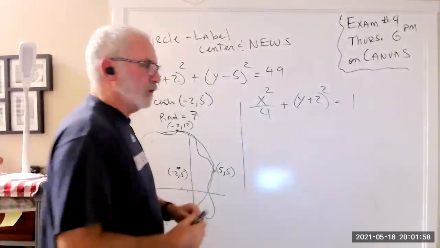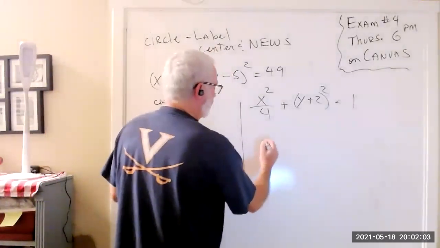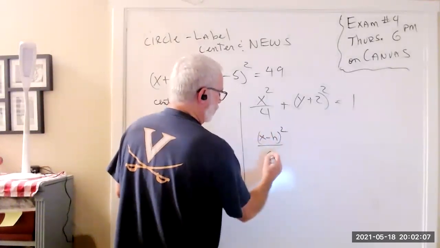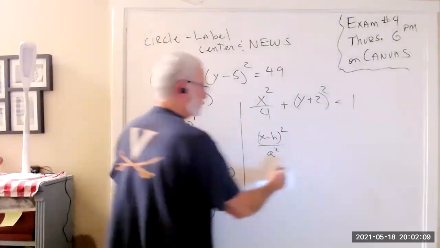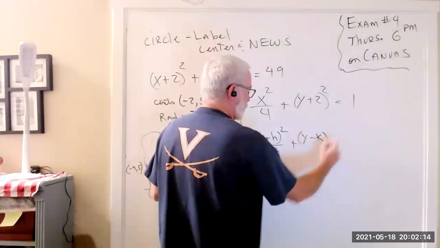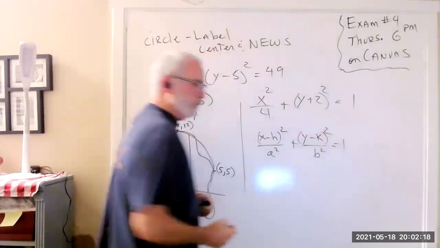This is an ellipse. And our standard form for an ellipse was x minus h quantity squared over a squared plus y minus k quantity squared over b squared equals 1.